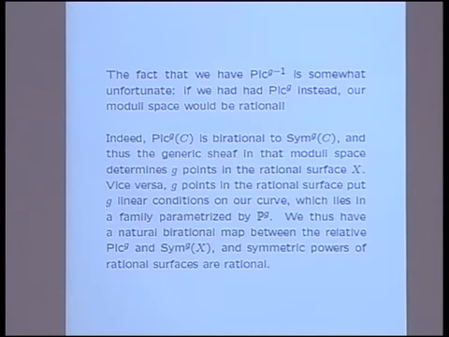And these curves live in a g plus 1 dimensional linear space. So g points on the surface give you a unique curve and a unique divisor on the curve. So there's actually a natural birational map between the slightly twisted version of this moduli space where we have Pic^g instead of Pic^(g-1) and the g-th symmetric power of our rational surface. And that's automatically rational.